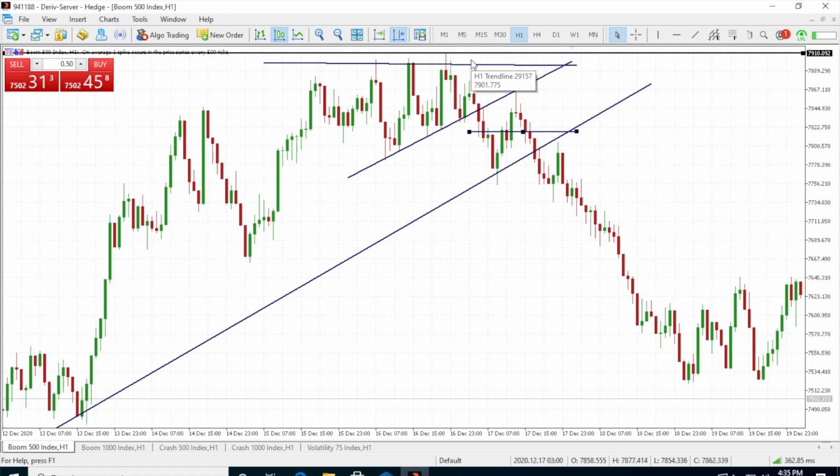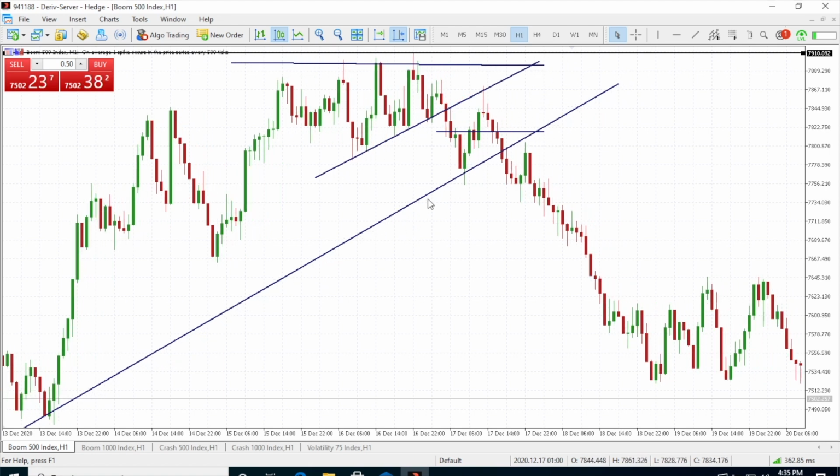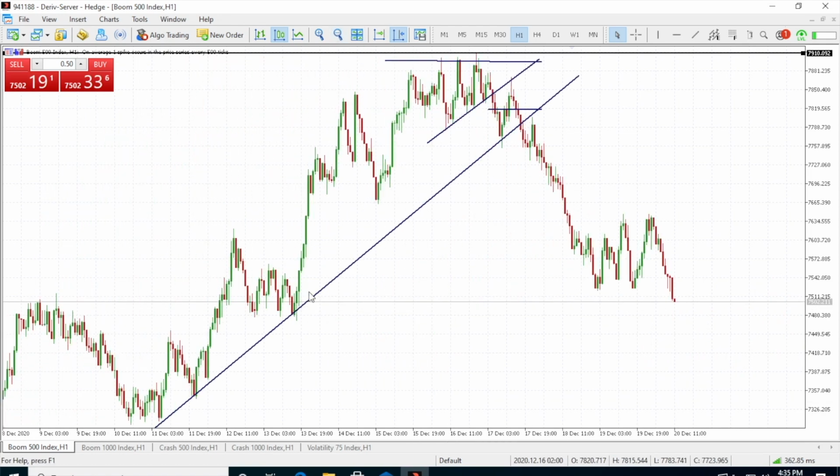So it's okay. Let's say you took a trade here at this level and you put your stop loss just above those rejections. Then the market tried to go up and it tested this smaller trend line, and it was able to break the major uptrend line. So we have a major trend line here which is acting as firm support for the market, which is going in an upward direction, the market which is in a bull.